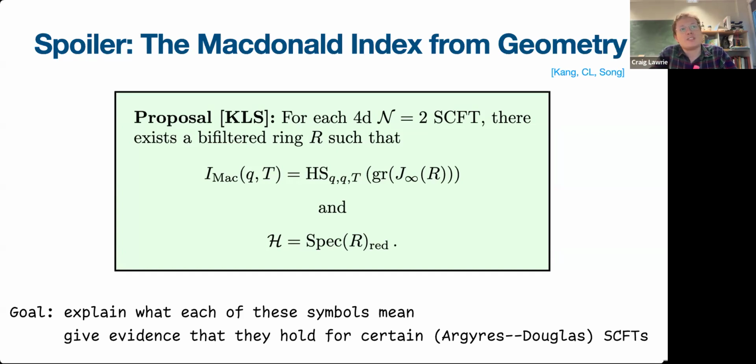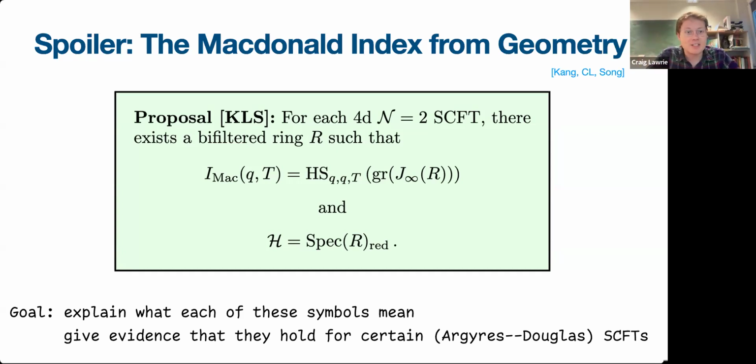So what we proposed in this paper is that for each 4D N equals 2 SCFT, there exists an object, in this case a bifiltered ring, and I'll explain what that means, such that the Macdonald index, which counts the operators in the Schur sector, is obtained by taking a Hilbert series of a certain object related to that ring.